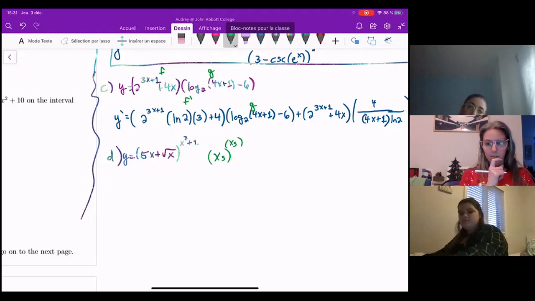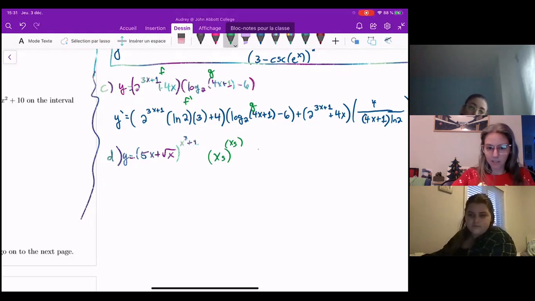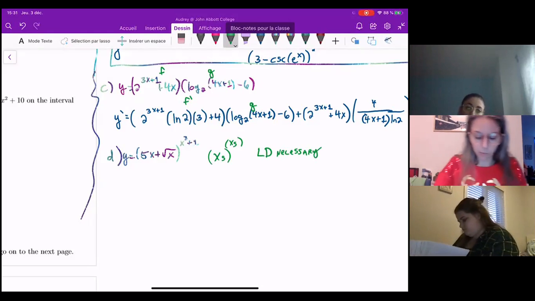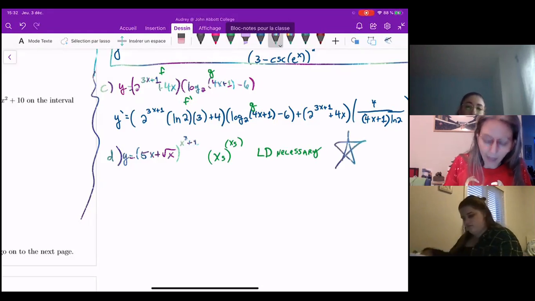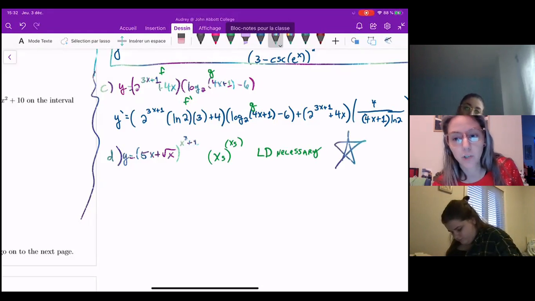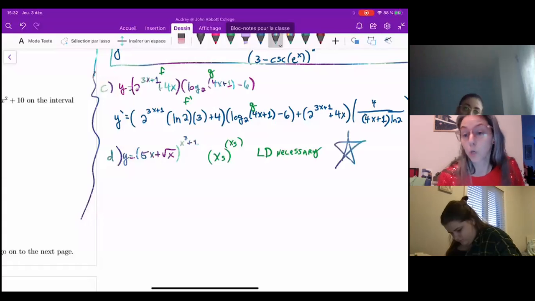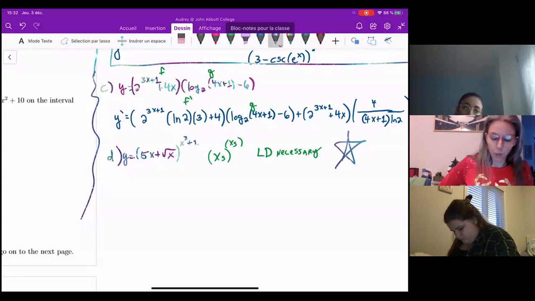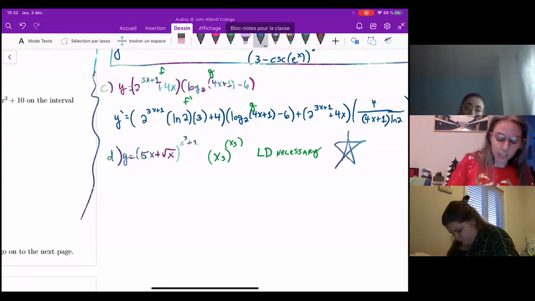This means that logarithmic differentiation is not just useful, it's actually necessary. So put a big star by this one, because when these show up, you don't want to accidentally not do logarithmic differentiation. If you accidentally don't, then whatever you're doing is the wrong thing, and I'm not even going to be able to give you part marks. So logarithmic differentiation is necessary.